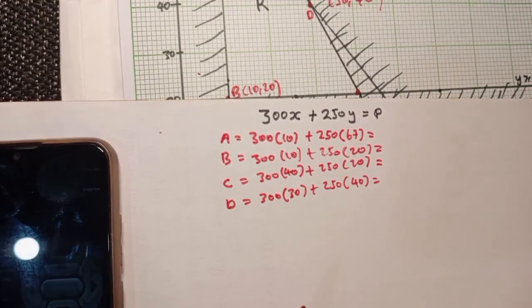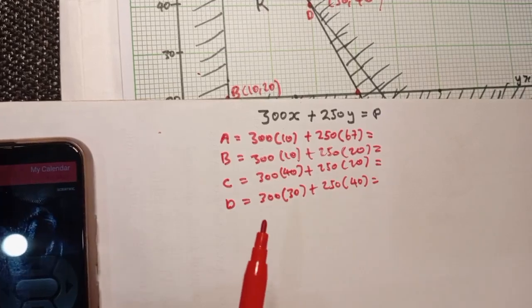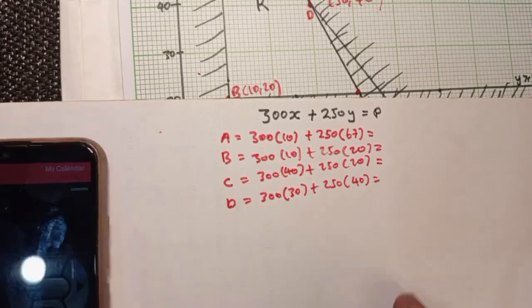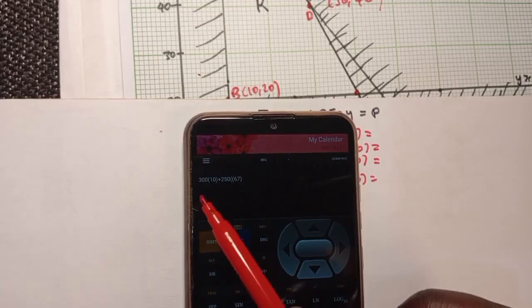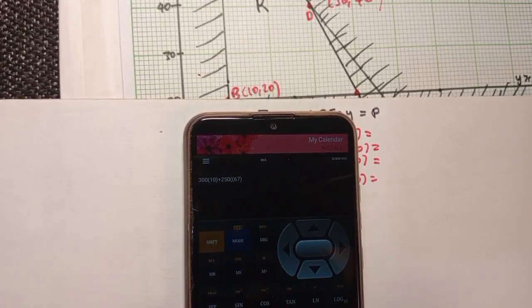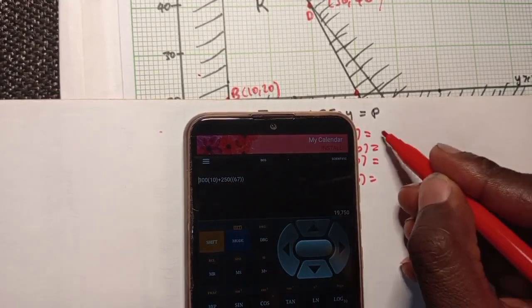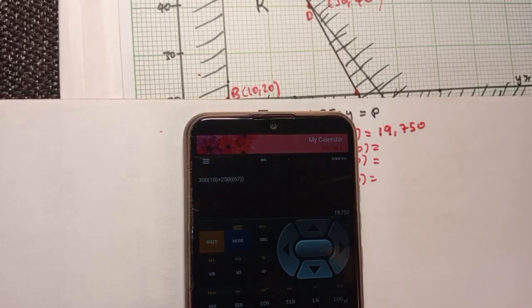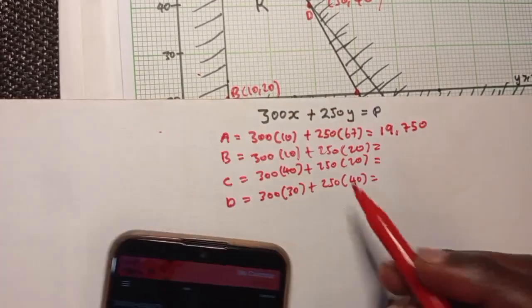So I'll write 300, open brackets, 10, close, plus 250, open brackets, 67, close. This is how you write it. Then you press your equal sign. You get 19,750.